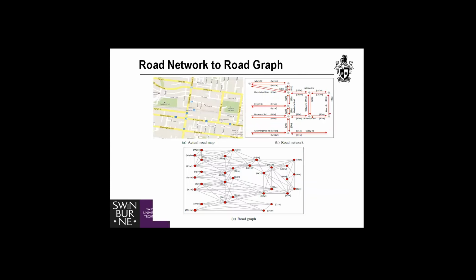Here I have shown three figures. The first figure is the actual road map. In the second figure, the corresponding road network is shown. In the road network, each road has two directions of traffic flow, and each traffic flow direction is considered as a road segment in the road network, because the traffic in the two opposite directions is generally not the same.